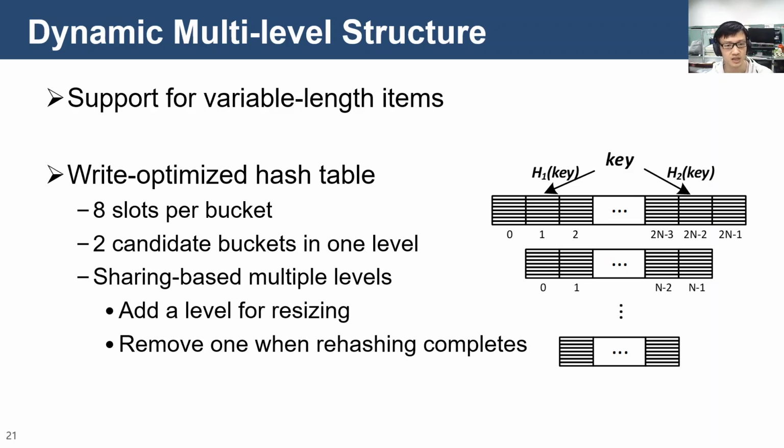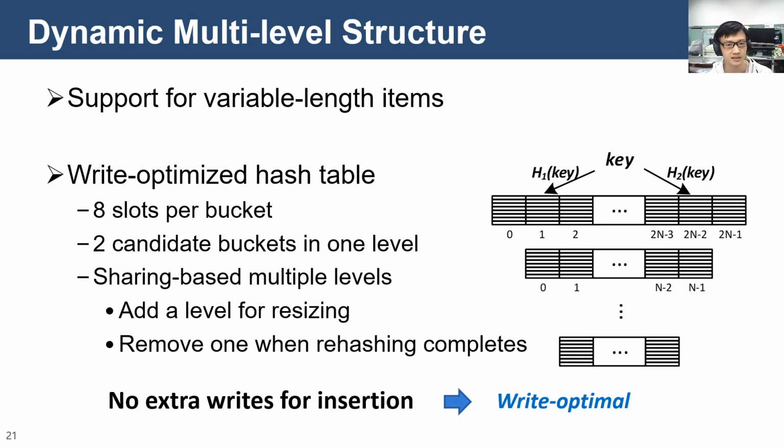For two adjacent levels, the upper level has 2 times as many buckets as the lower one. Items share all levels but prefer upper levels. Note that, unlike level hashing, the techniques for hash collisions do not lead to extra writes for insertion when the table is not being resized. Hence, clevel hashing is write optimal for insertion.